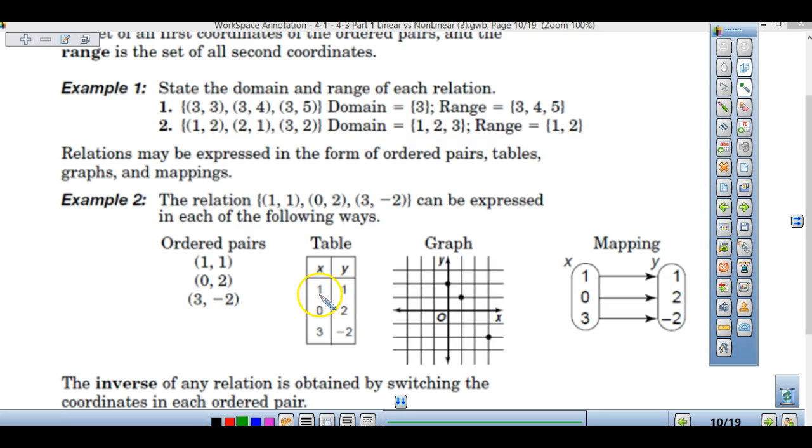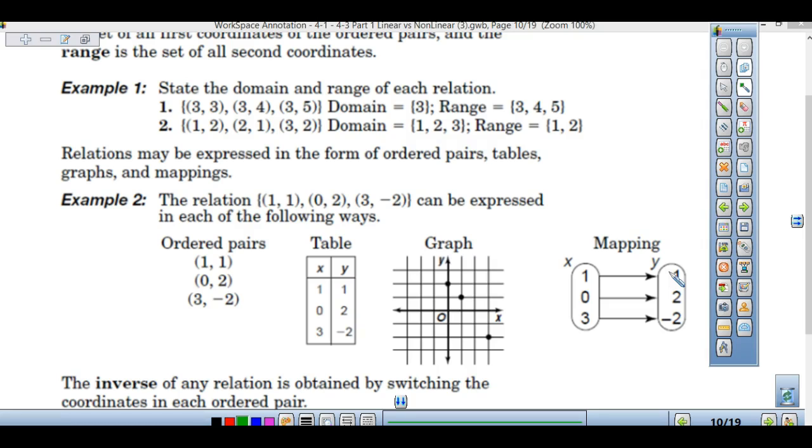Our table looks like 1, 1, 0, 2, 3, negative 2. You're going to want to see that because we're sometimes going to have to go from ordered pairs to tables to then our graph. If we graph those 3 points, we've got 1, 1, over 1, up 1, over 0, up 2. But we've got arrows going from X to Y.